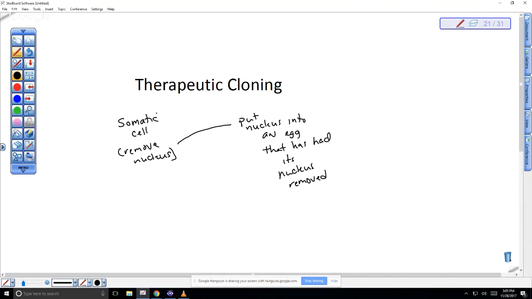Then I stimulate it to undergo mitosis, and generally it's like an electric shock they give it. And then I get a multicellular embryo.